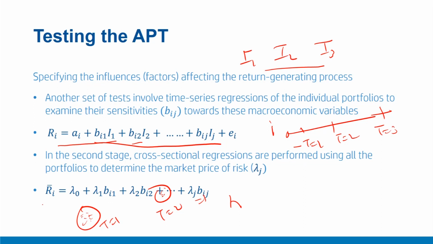While obtaining the estimates of lambda, we conduct cross-sectional regressions wherein, in each cross-section, a set of securities is employed, their sensitivities BIs are known, as they are obtained from time series regressions as we discussed earlier. Through cross-sectional regressions, we estimate these lambdas from the given BIs. Thus, once we have the estimates of lambdas and BIs, we have completely specified the APT model.